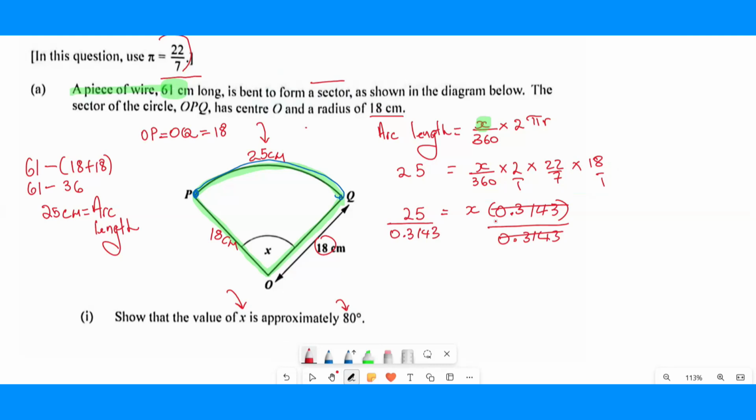So 25 divided by 0.3143, we're getting 79.54, which is equal to x. This is the degree. But remember, show that the value of x is approximately 80. That means if I round this off to the nearest whole number, I will get 80 degrees, which is equal to x. And there we go.